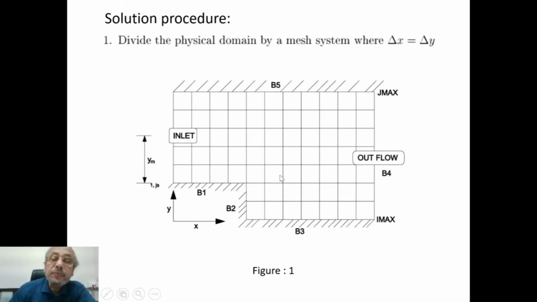The geometry looks very simple, but this geometry can be related to many geometries of practical interest, starting from combustion to several other applications, number one. And number two, this geometry has been accepted as a model geometry for benchmarking the flow.